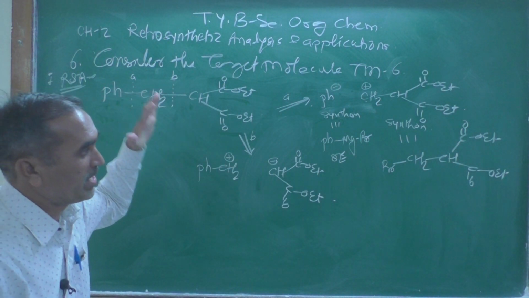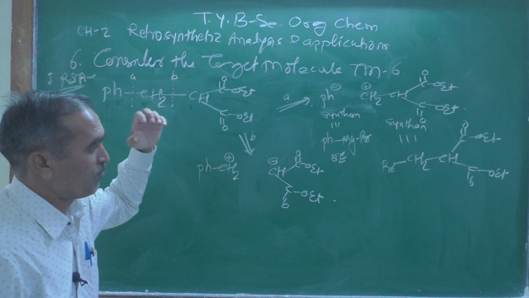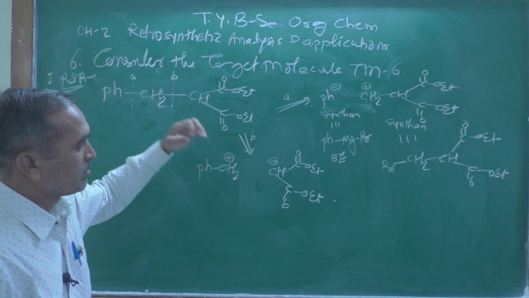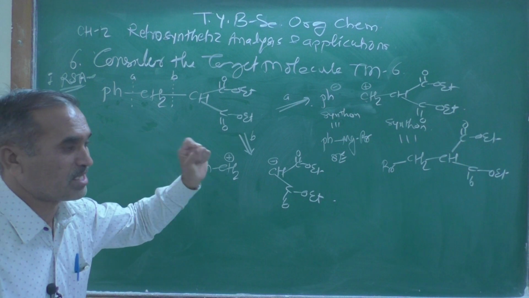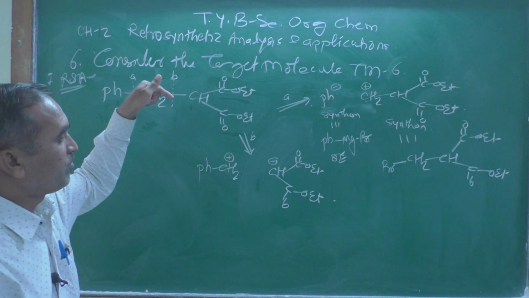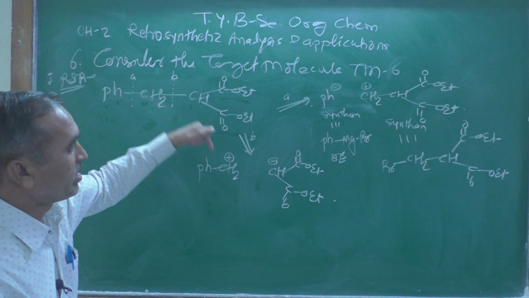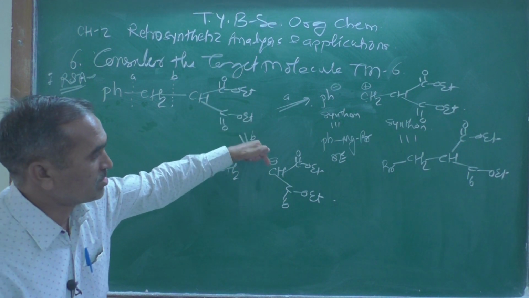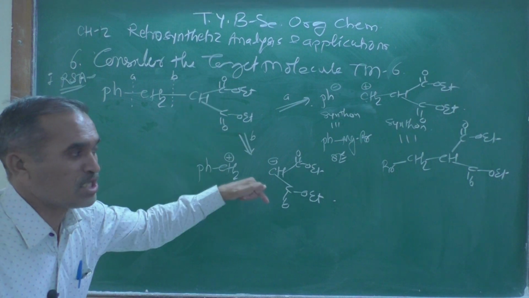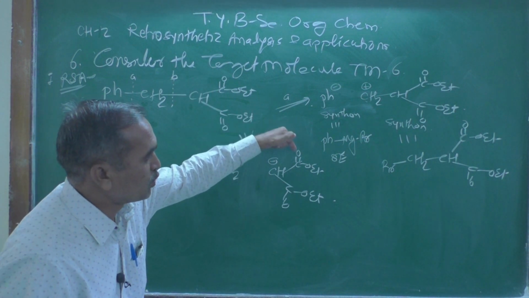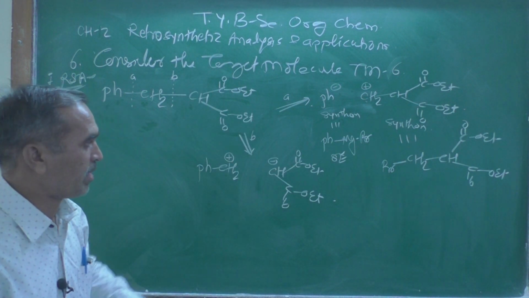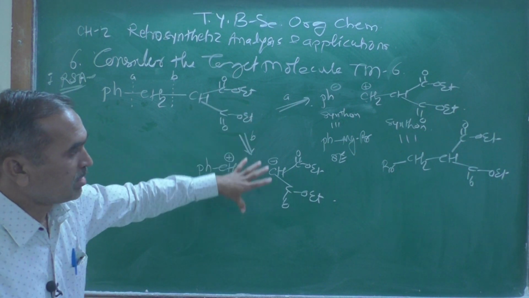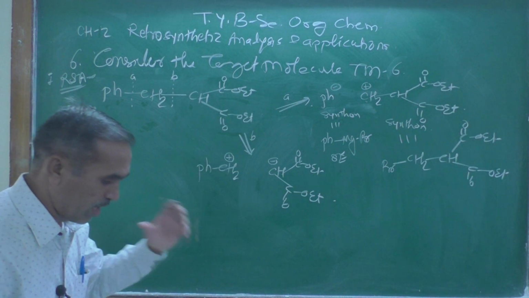This is the better and very correct way of representing plus and minus charge. If you look here, this carbanion is well stabilized due to the resonance effect, because that is a CH carbanion.